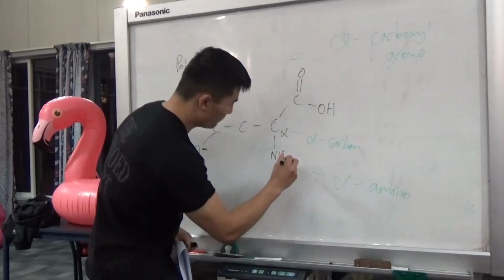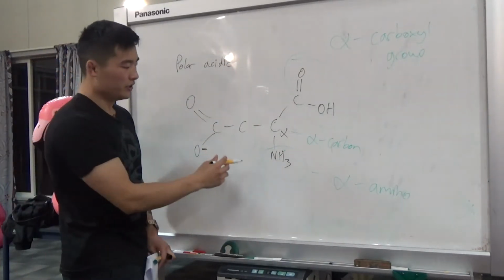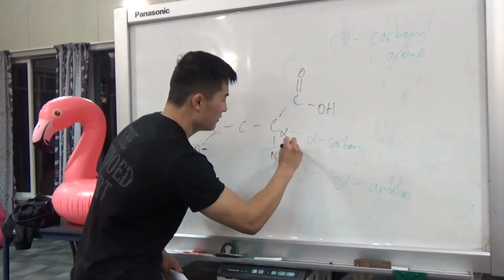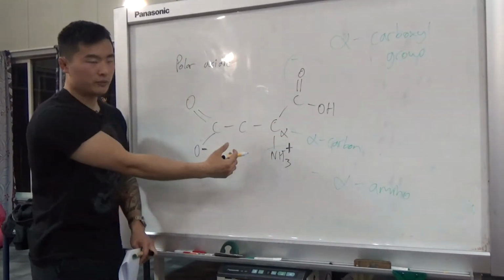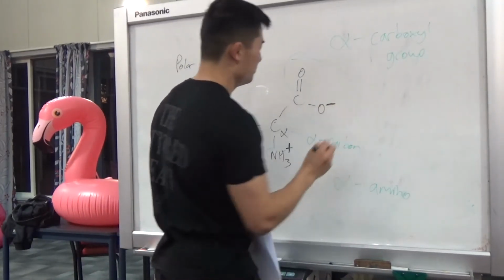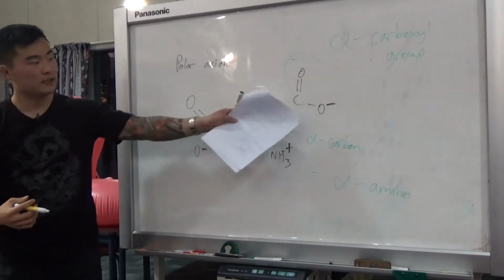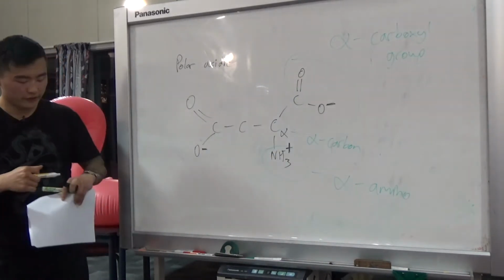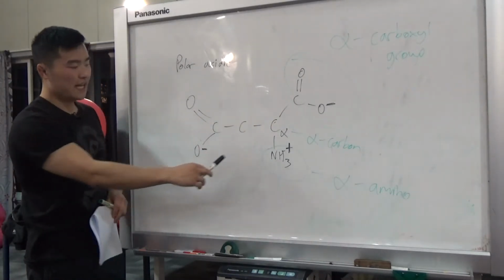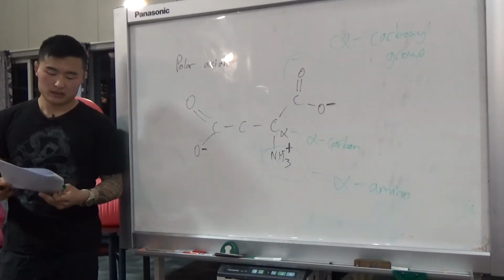This amino group is going to accept a proton, so it'd become NH3+, positively charged, and this carboxyl group would be deprotonated. So you've got 2 negative charges and 1 positive charge. So that's a net charge of -1.